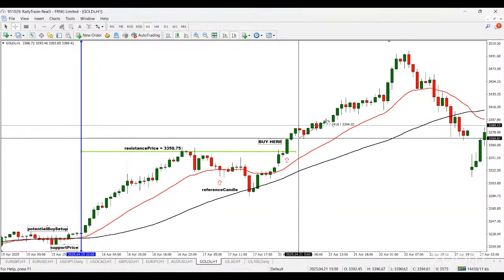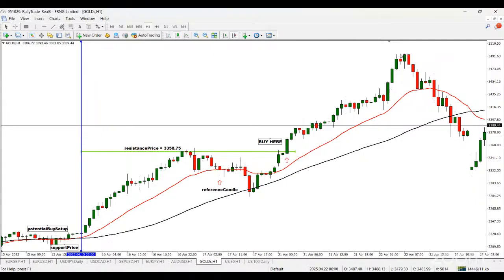For example, this price moved on gold about 12,000 points, that's about 1,200 and something pips. On the standard volume, that gives me about, I think, around $1,000.